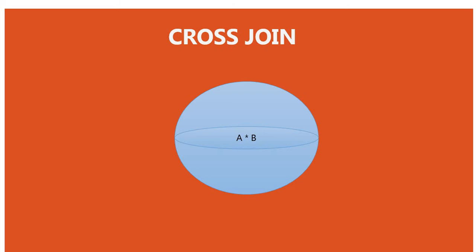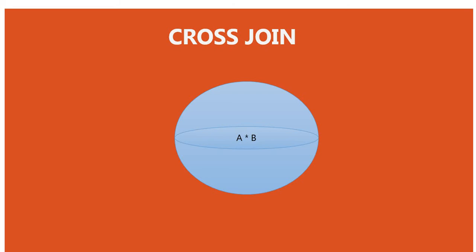A very important point to be noted in cross join is that we are not using any kind of field. In the previous tutorials we have seen that based on one field or column we are joining two tables, but a cross join is a Cartesian product of more than one table where no field is required.